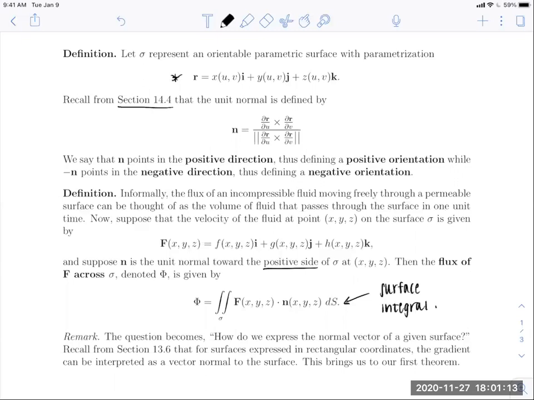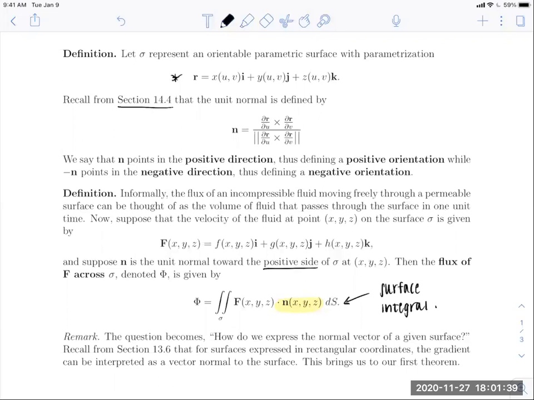That's that velocity function. But it's our duty to come up with this normal vector based on our surface so that we can carry out this surface integral. Recall from section 3.6 that for surfaces expressed in rectangular coordinates, the gradient was the key. The gradient vector is always perpendicular to the surface.